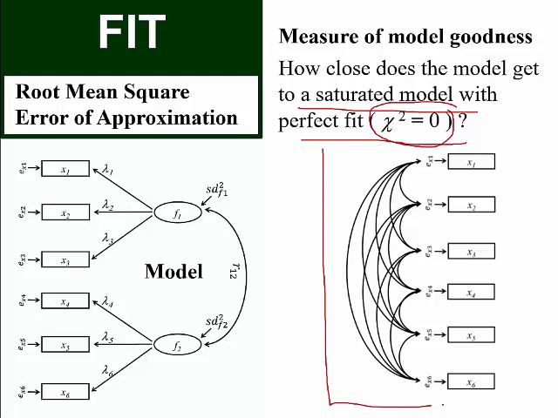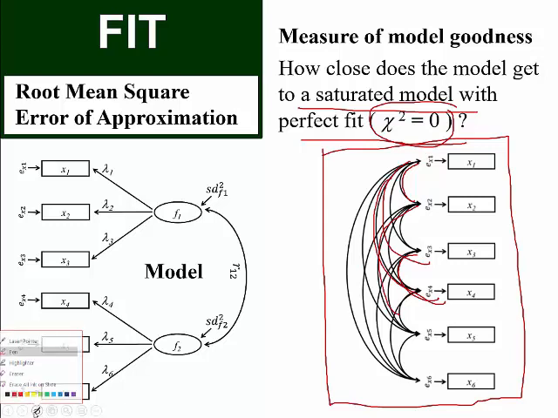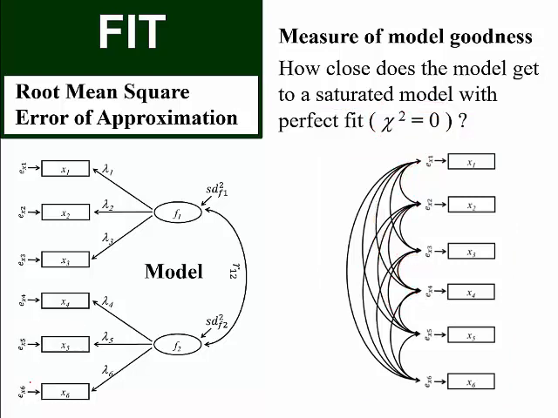Here I have a picture of a saturated model. If you have 6 variables or 6 items, there are many different ways that you can make a model saturated. One way is to just say every variable correlates with every other variable. So I've drawn all the possible correlations between all my items here, just to say that everything correlates with everything.